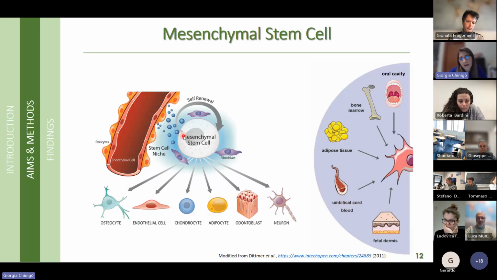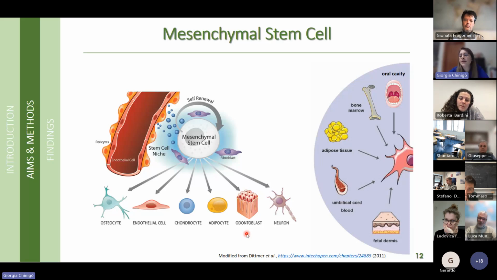They also have a self-renewal ability, and lastly, but not least, mesenchymal stem cells are multipotent stromal cells. It means that they could potentially differentiate into a wide range of different cell types, including the ones we are interested in, so osteoblasts, osteocytes, chondrocytes, and so on.